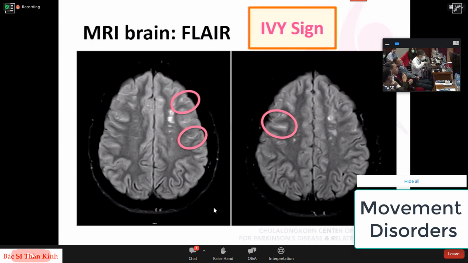Of course, we must do the investigation for the diagnosis, the cause of hemichorea in this young patient.